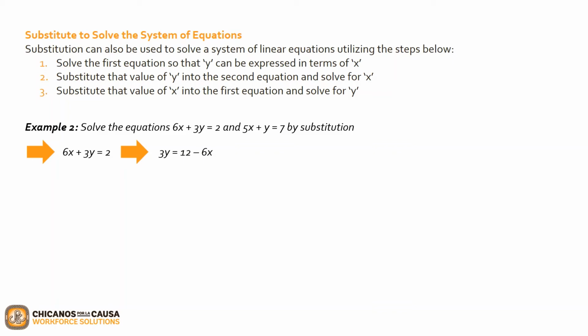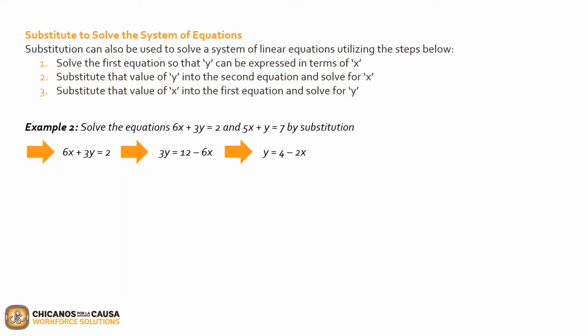Or another way to look at it is that we subtracted 6x from both sides, now giving us 3y equals 12 minus 6x. If we were to further reduce this, it would get reduced to y equals 4 minus 2x.